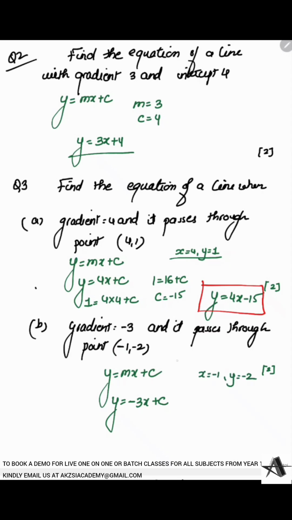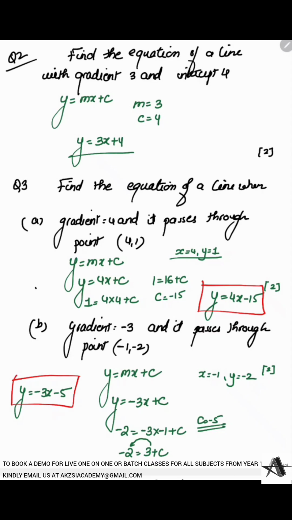I just need to substitute the values of x and y to know the value of c. So -2 = 3 + c, bring it here, c is negative 5. Final equation will be y = -3x - 5.